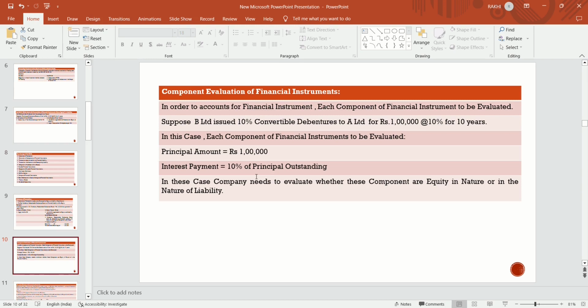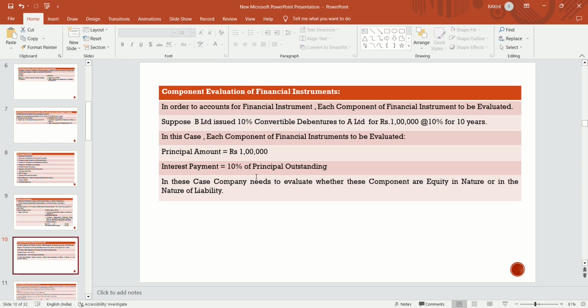So it becomes a convertible debenture which will convert into equity at the end of year 10. So it should be recognized as equity, because it will be converted into shares after the period is over.